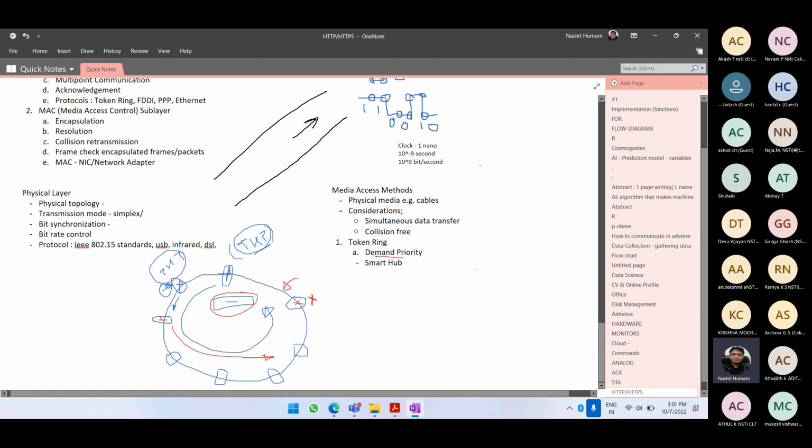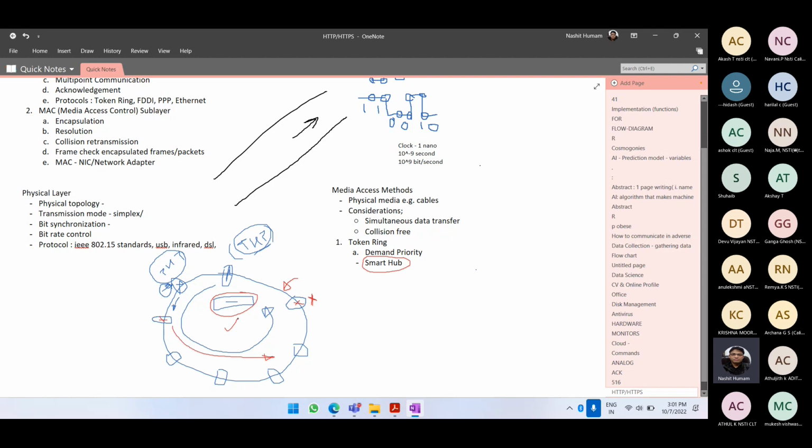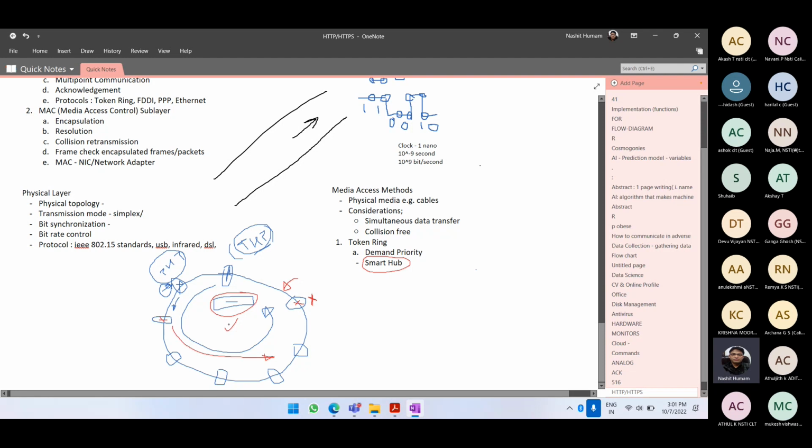The next point: this was really good when we were talking about a very small network. Now, when we have a really large network with a lot of devices connected to it, this technology was found to be not very comfortable to work with.